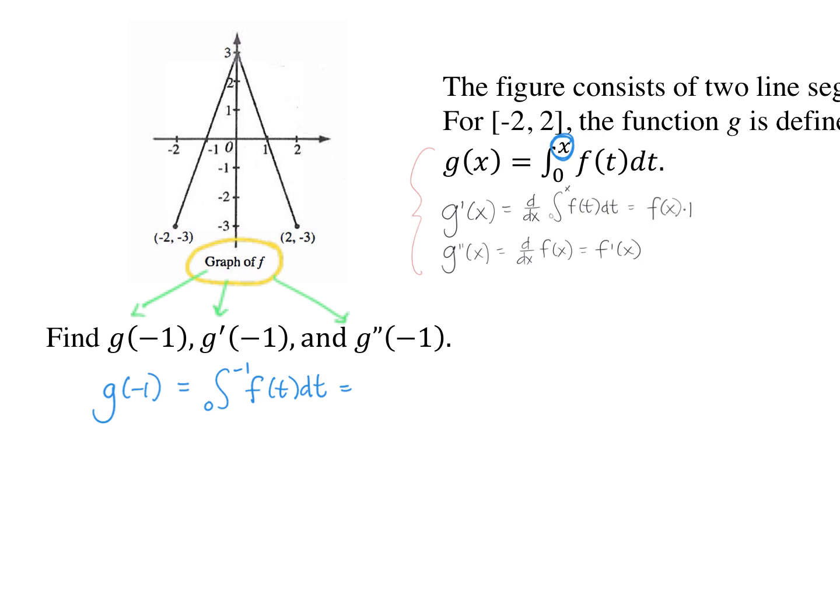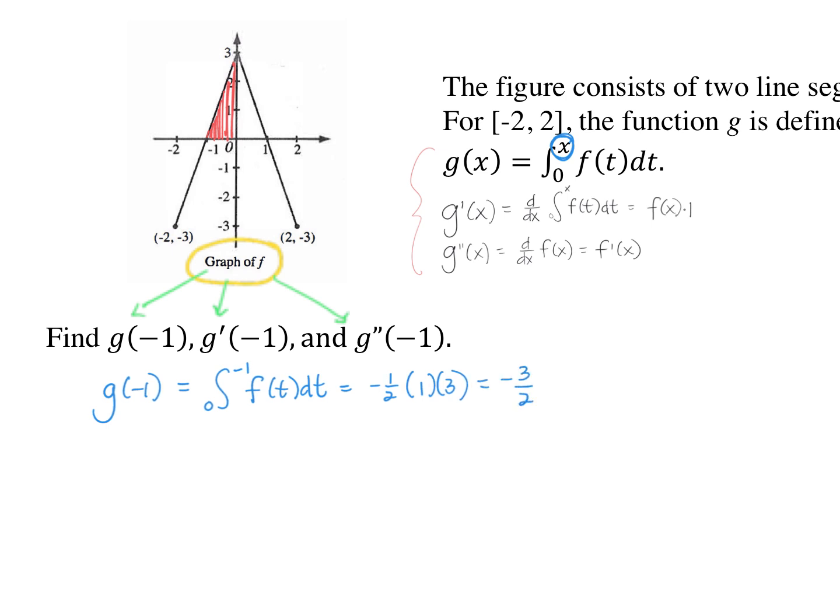So we will be going backwards between those values, which is going to be a triangle that's backwards. So we simply use the geometry to say that's going to be negative 1/2 of the triangle 1 times 3. In other words, negative 3/2.